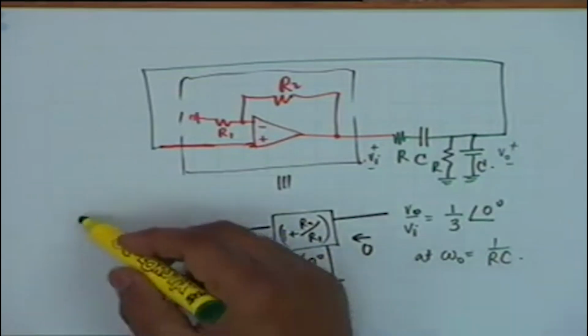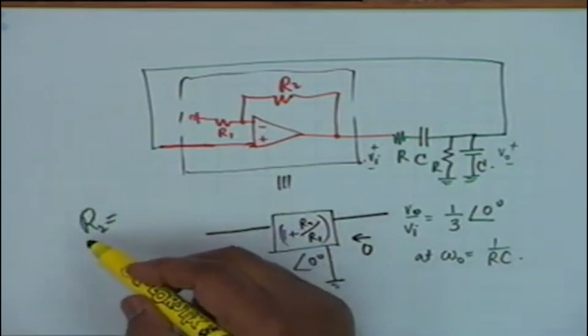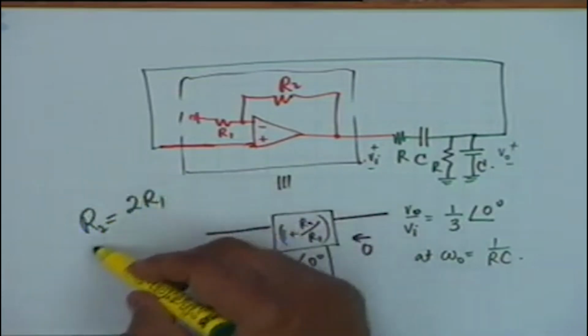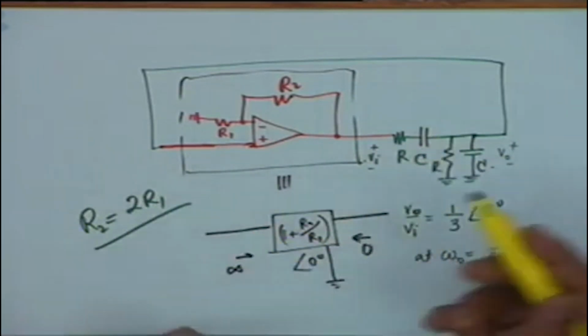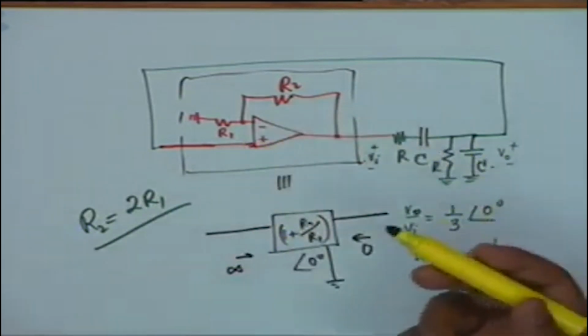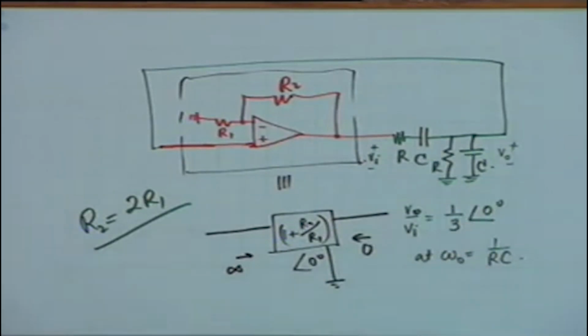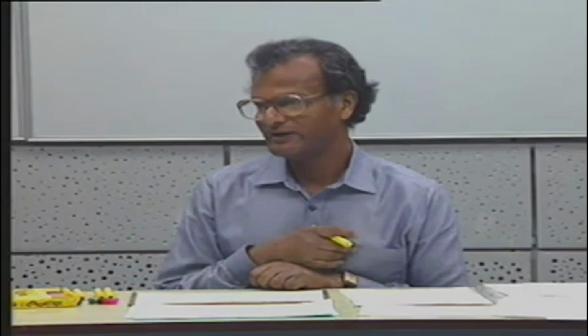Obviously for these to oscillate, R2 should be equal to twice R1, and this circuit contains 1, 2, 3, 4 resistors, 2 capacitors. You can make it in the laboratory in 10 minutes, and you can see beautiful sinusoidal oscillations. One op amp, you take a 741 and make connections R2 and R1.